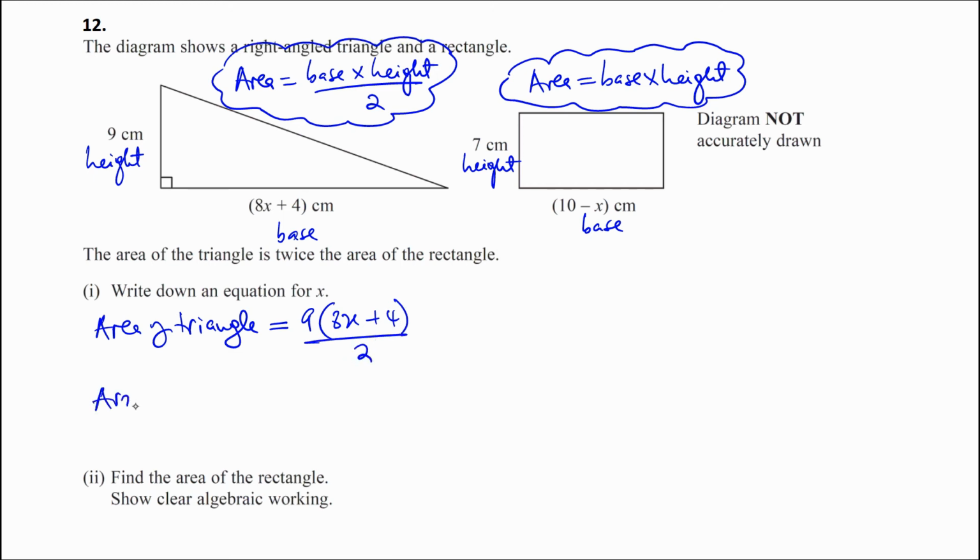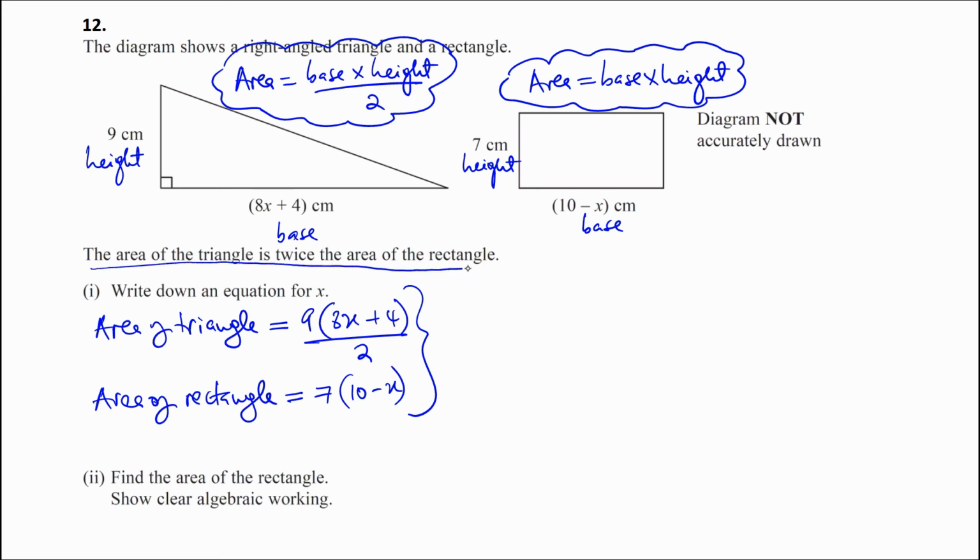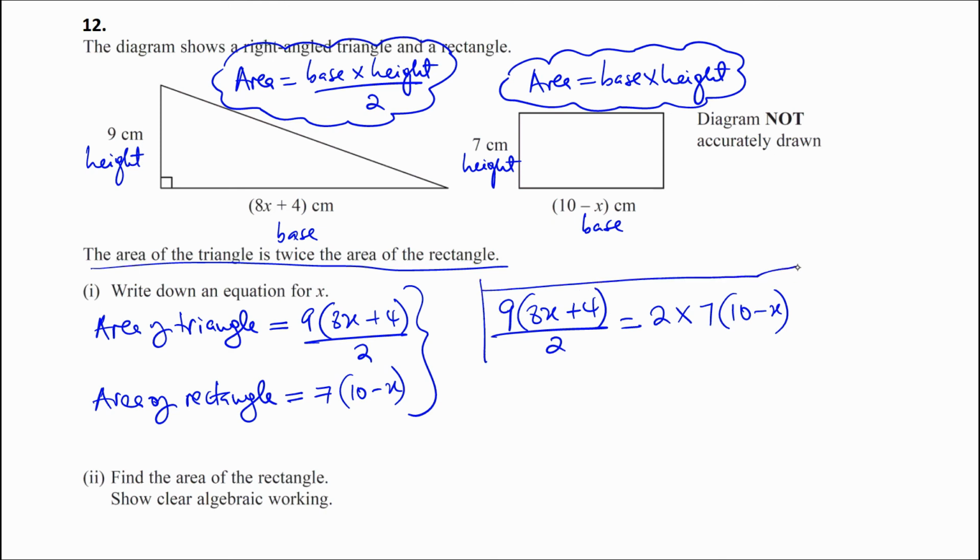And then the area of the rectangle will be given by base times height, which is 7 multiplied by 10 minus x. And then we know that the area of the triangle is twice the area of the rectangle. So 9 into 8x plus 4 over 2 is equal to 2 multiplied by 7 into 10 minus x. So basically, this is the equation in x that's required for part A.